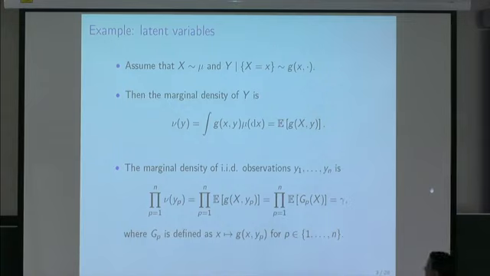Okay, so the marginal density of y is exactly an expectation of g of x for some fixed y. And so the marginal density of i.i.d observations, y1 up to yn, is just a product of these nu of yp's, which is basically something of exactly the form of the gamma that I wrote down previously. So this is to give some context. Why might I want to estimate such a product of expectations?